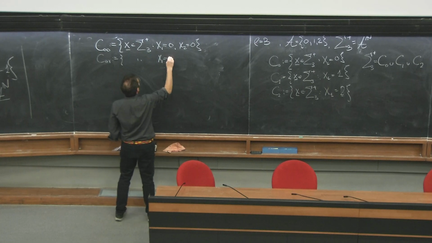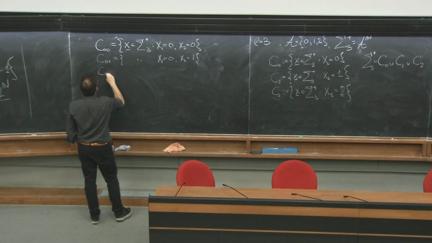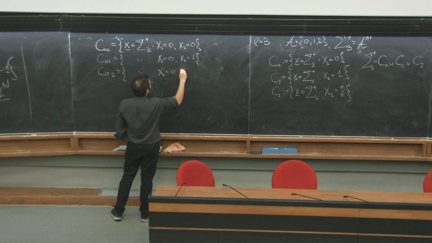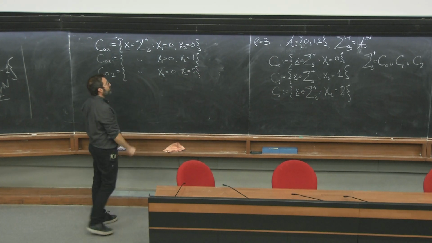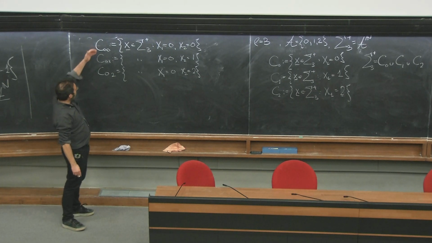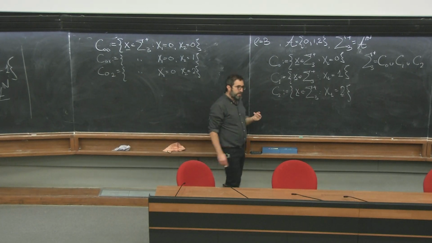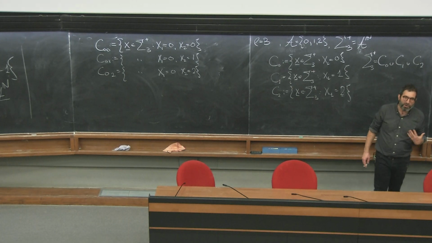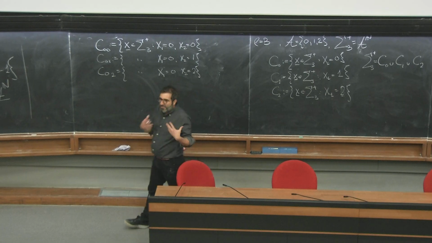So x1 equals 0, x2 equals 1, and C02 is the same, where x1 equals 0, x2 equals 2. And then in exactly the same way, you can show that these are also open and closed sets. So one of the characteristics of the Cantor set is that there are lots of open and closed sets because it's totally disconnected.